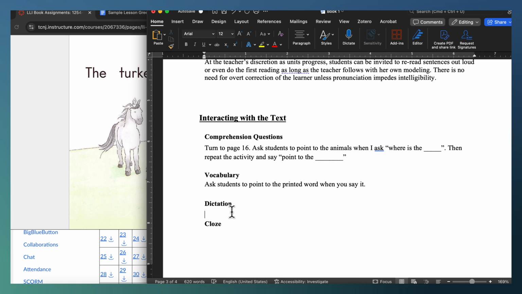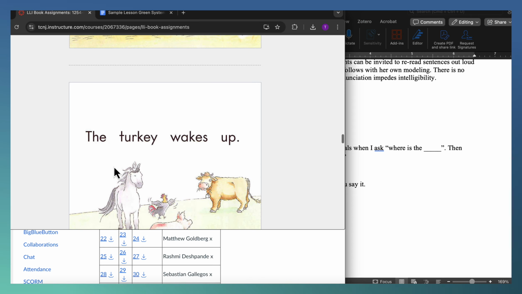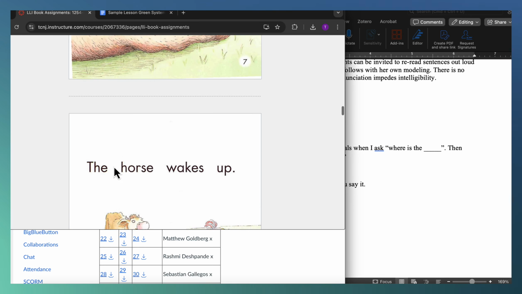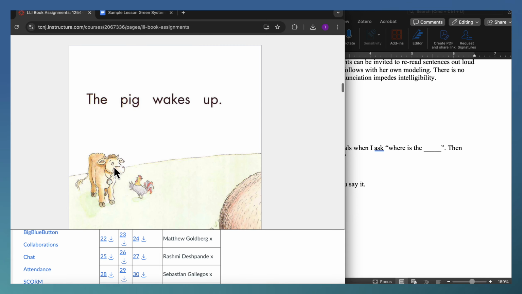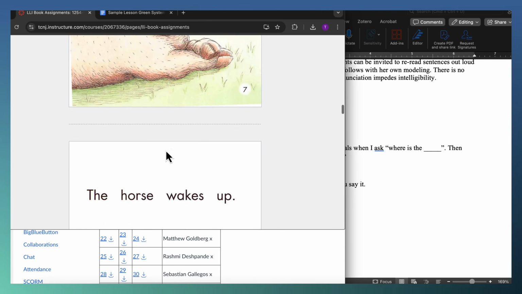And again, we're working with the green system with newcomers, so we could run wild with this, but I think it's really important to keep things basic. Dictation. This is where I'm going to pick a very simple word or phrase. So instead of a three-letter word like pig, I don't want to do horse.